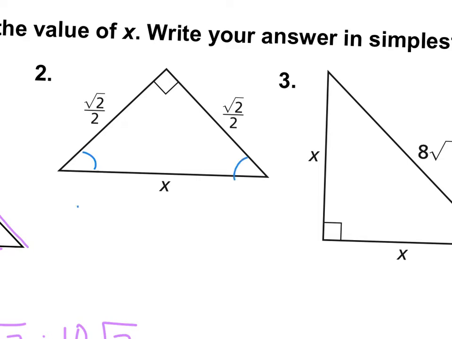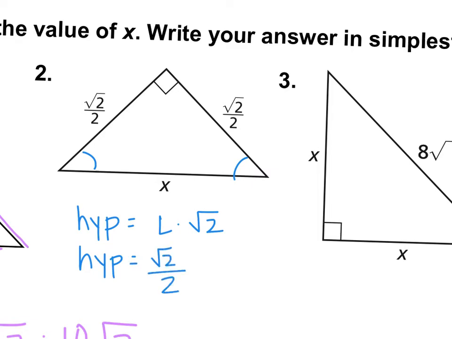So I know that my hypotenuse is equal to my side length times radical 2. In this case, my hypotenuse would be equal to my side length, which is radical 2 over 2, given to me up here, times radical 2. You with me? Yes?